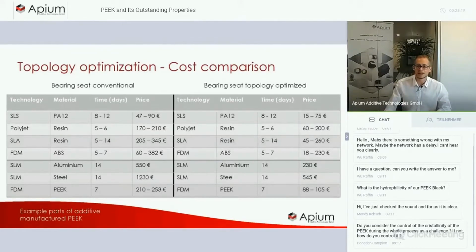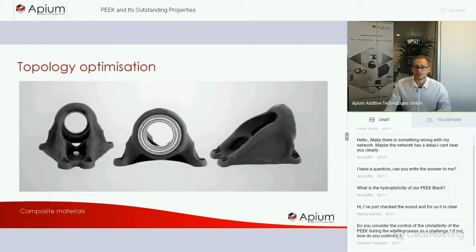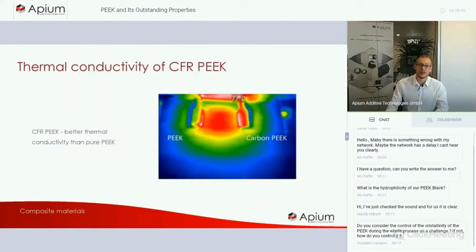In the end, we also created this part, and the outcome was this. This is the topology optimized seat, and as you can see here, this is not PEEK, but it is a composite material. So we printed it already with carbon fiber reinforced PEEK. Carbon fiber reinforced PEEK is not only very interesting when it comes to mechanical applications, but it is also very interesting when it comes to thermal applications.